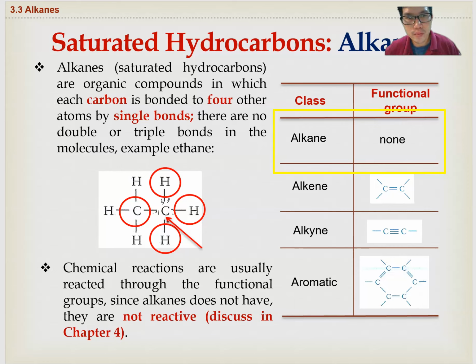For the alkanes, because from the name itself we have mentioned that they don't contain functional groups, as a result they are very non-reactive, which means that if you try to react them with acid or with other components, usually they are not reactive.